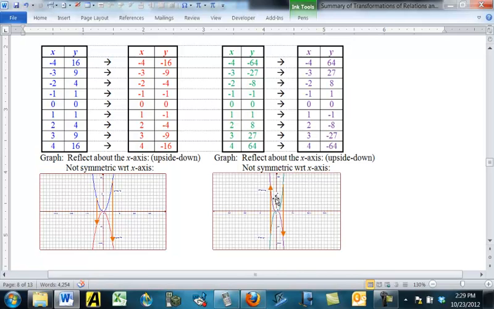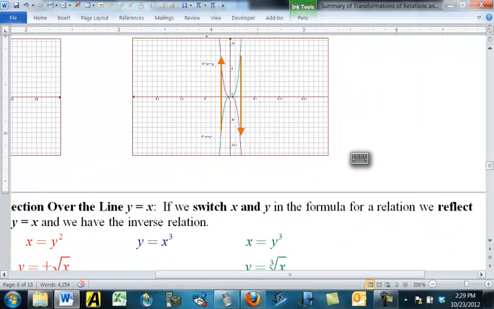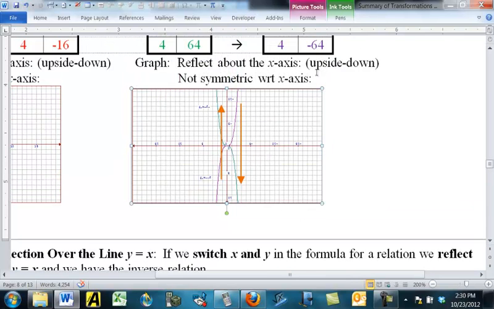I think something's out of whack here on my graph. Let me look at something here real fast. Yeah, the whole graph has gotten a little bit out of whack here. Let's see what I can do.